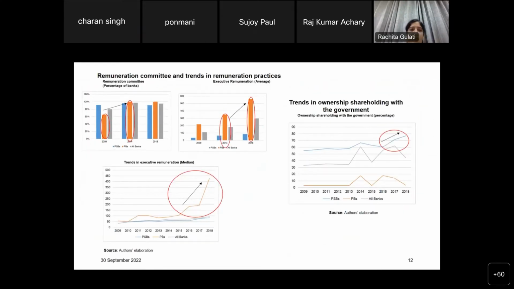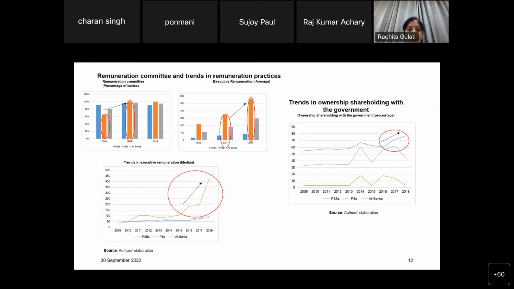The statistics with respect to the remuneration committee and the trends in remuneration practices reveal that only 64% of the private banks had a dedicated remuneration committee in 2009, but the number has increased to 100% since the norm became mandatory after 2014. Every bank has constituted the remuneration committee.